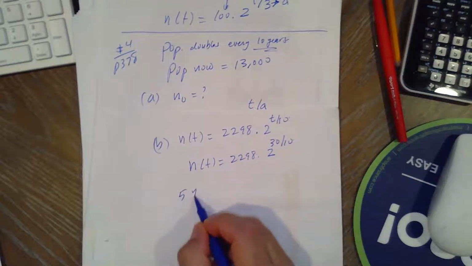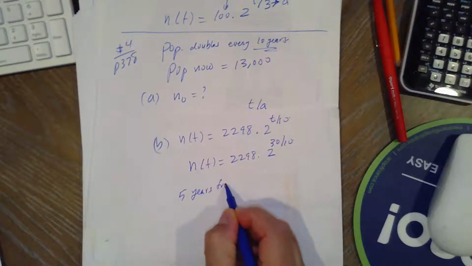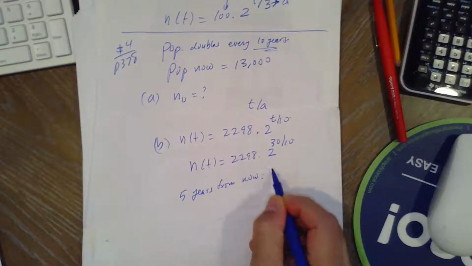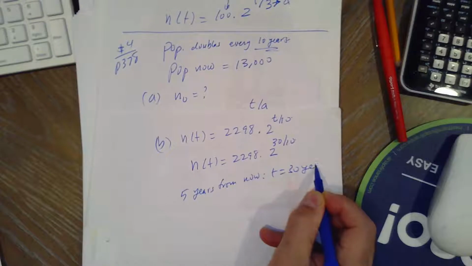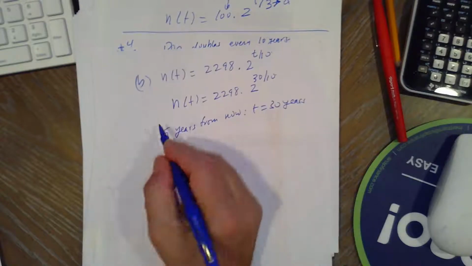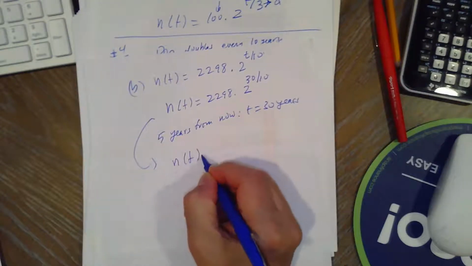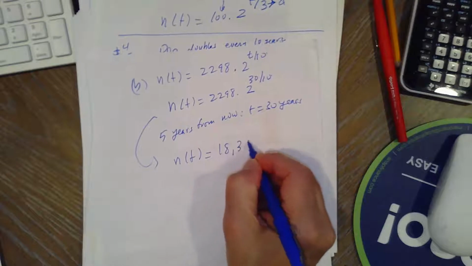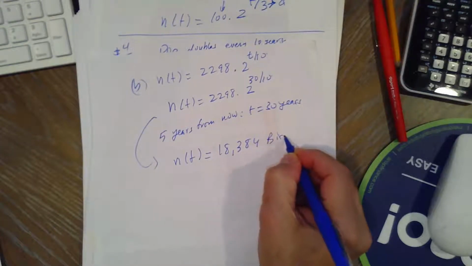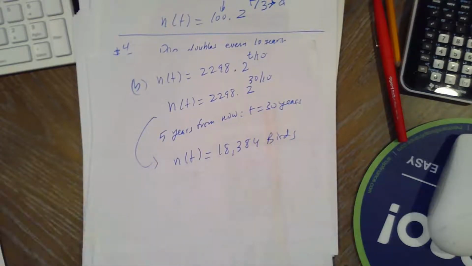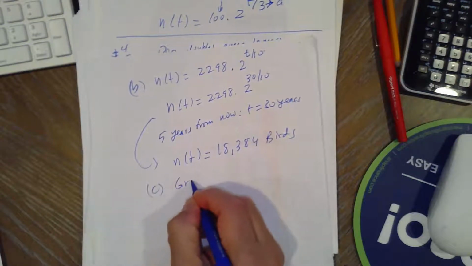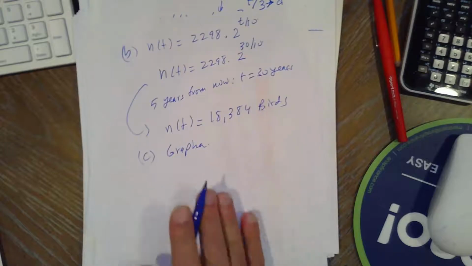Right? 5 years from now, that means t is 30 years. Okay, because it started 25 years ago. So if you put that in our calculators, it's 18,384 birds. And part C, sketch a graph of the population. Sketch a graph, so use your grapher. You can do that yourself. Okay.